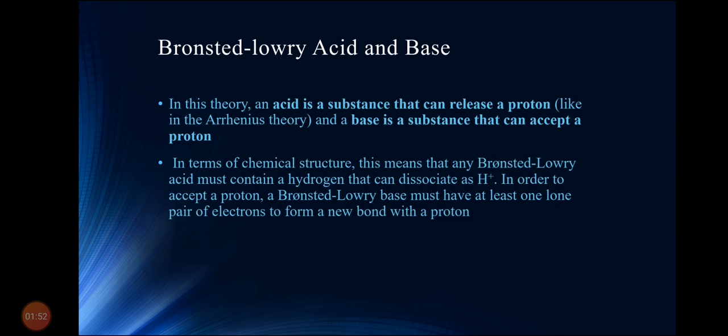Remember students, in terms of chemical structure, a Bronsted-Lowry acid must contain a hydrogen that can dissociate as a proton or H plus ion, and in order to accept a proton, a Bronsted-Lowry base must have at least one lone pair of electrons to form a new bond with the proton. Remember students, a lone pair of electrons is that pair which does not take part in bonding. I think it would be clear to you.